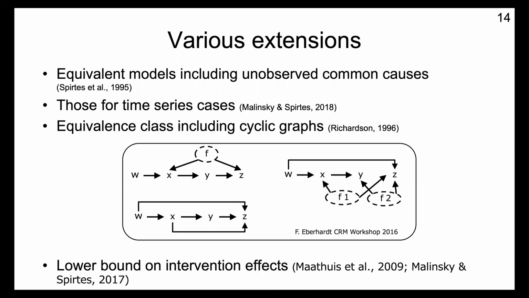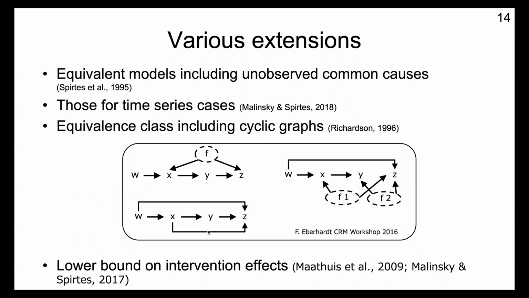So this non-parametric approach has been extended in many directions. In the current example, we have assumed that there is no hidden common cause, but it has been investigated how the equivalence class would be characterized if hidden common causes are assumed to exist, or if the data are time series, or if the structure is cyclic rather than acyclic.